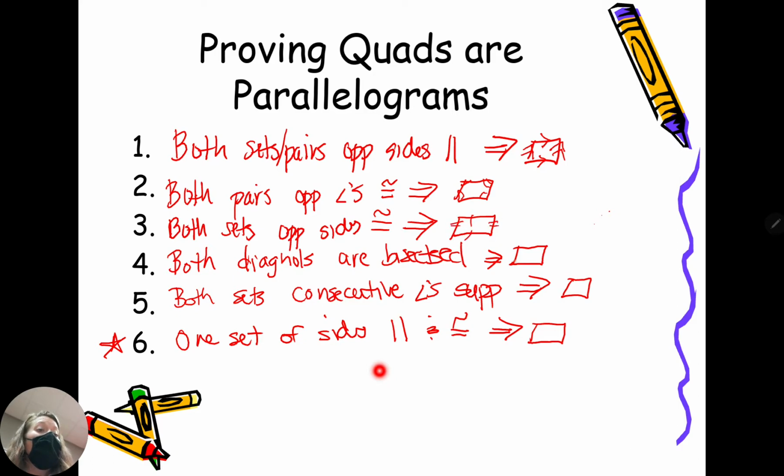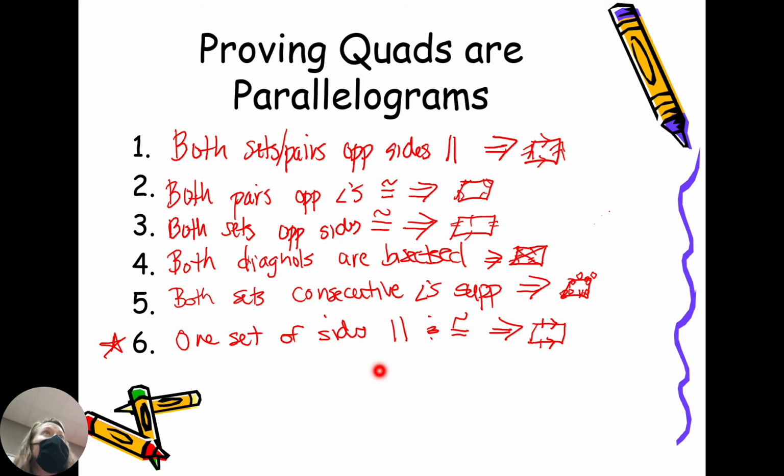Or the diagonals are both being bisected. Or this is going to be harder, 180 and 180. Or one set of sides is both congruent and parallel. And again, that's the new case.